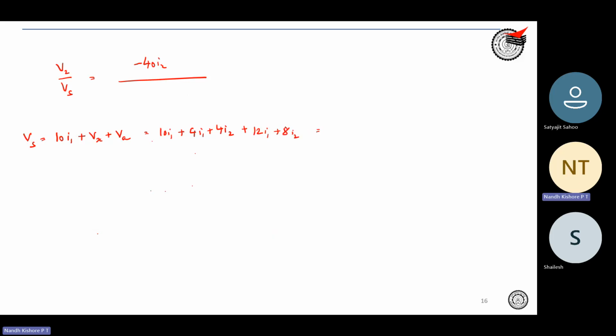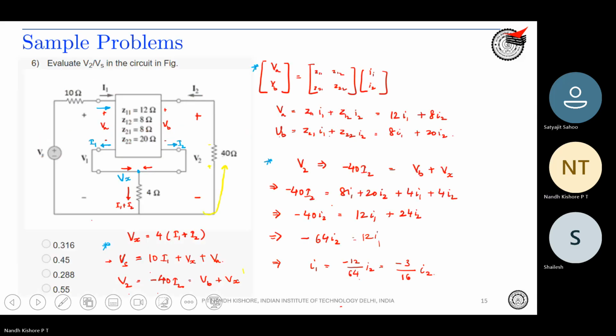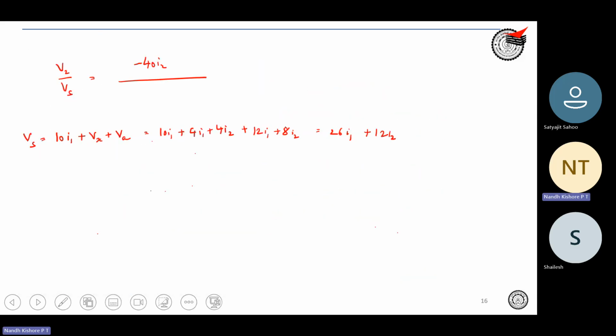So group all I1 terms together. 14 plus 12 is going to be 26 I1 plus 12 I2. Correct. So you know that I1 is minus 3 by 16 I2. So 26 into minus 3 by 16 I2 plus 12 I2.